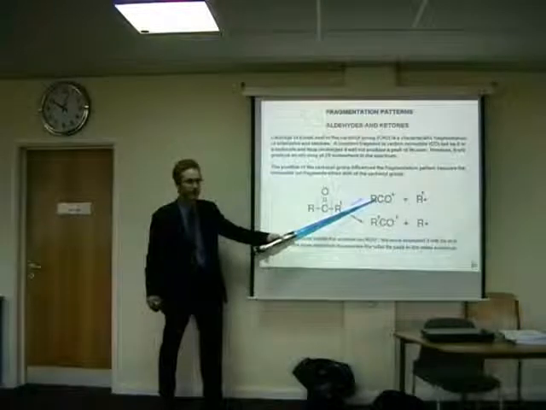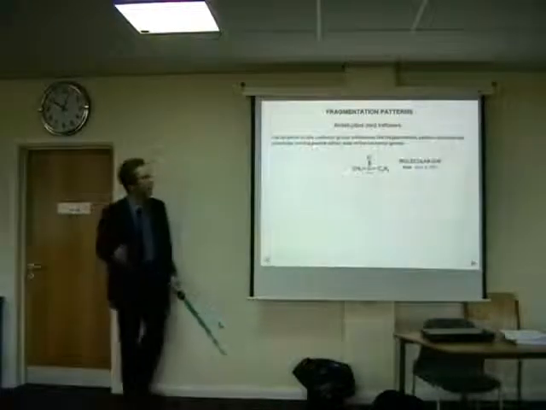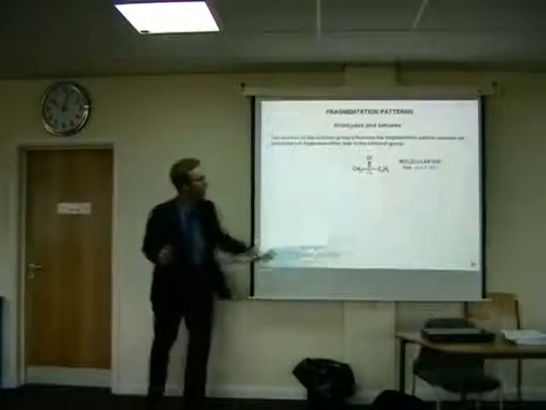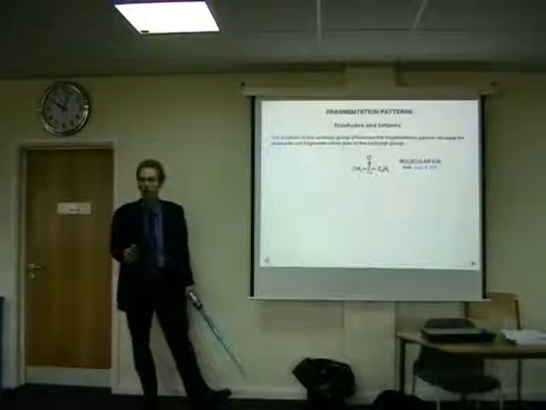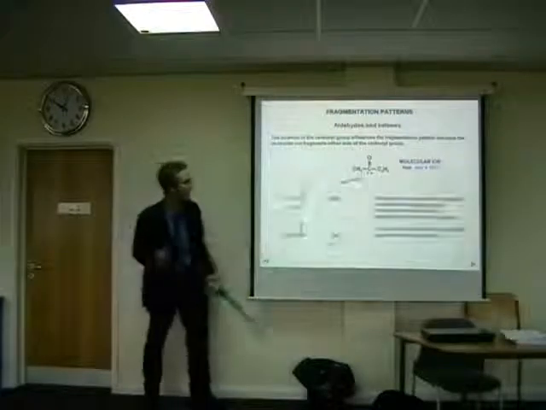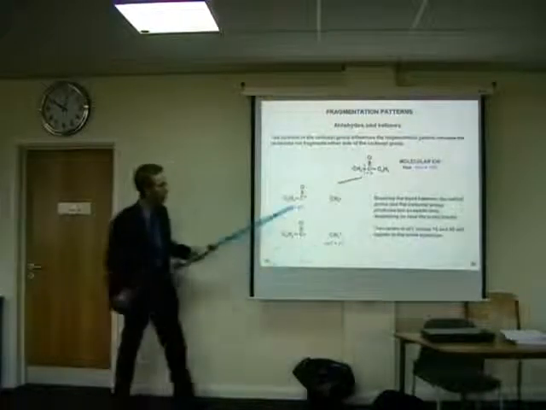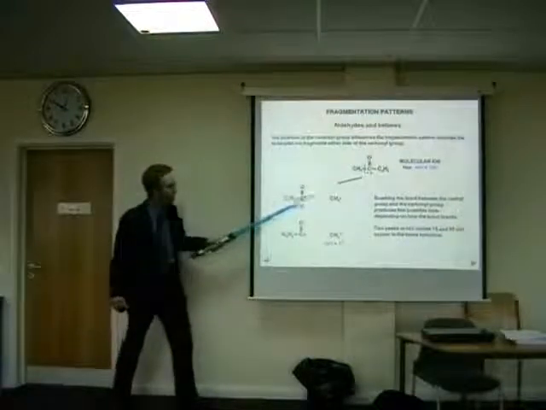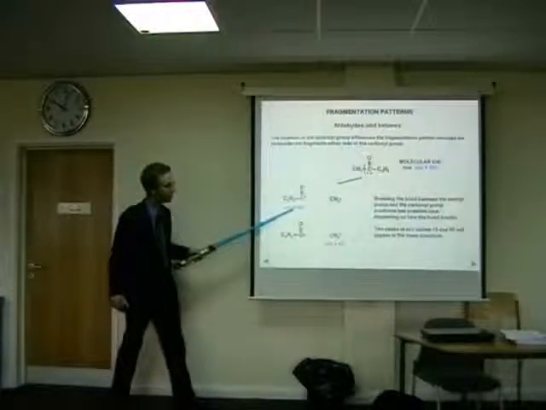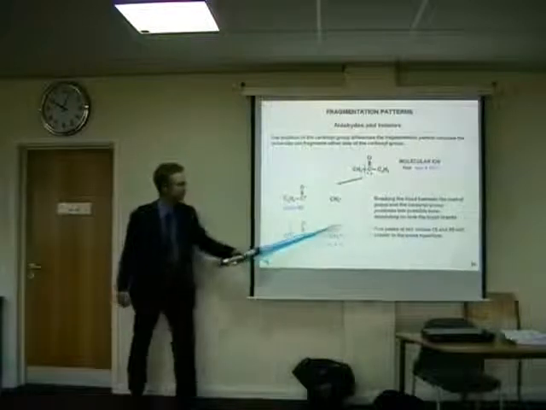If that's my molecular ion to begin with, and there's my charge and there's my unpaired electron, we could break it up and you get this. If you got this one, you would also get some of this.